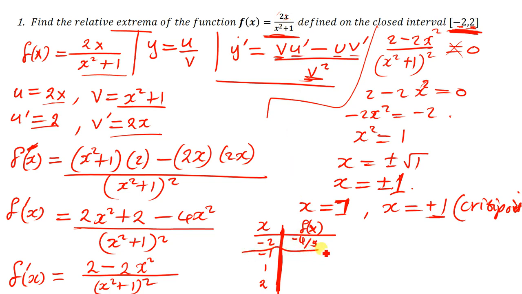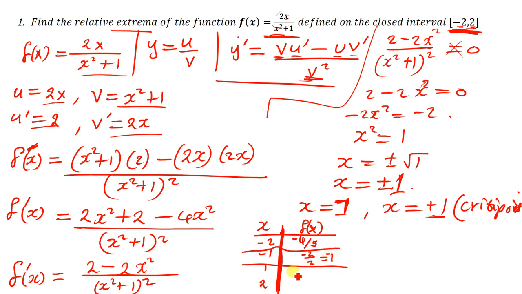When we put negative 1, you're going to get negative 2 on top, and down there it will be 1 plus 1, so negative 2 over 2, which is just going to give us negative 1.